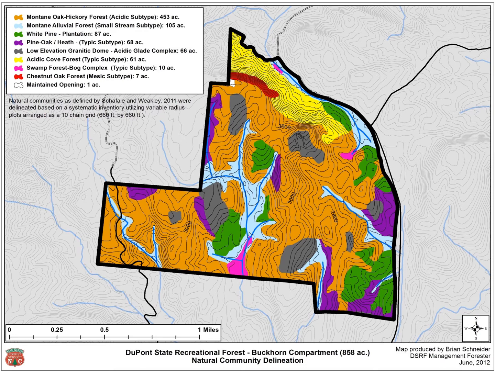By contrast, the yellow area, in the northern portion of the map there, represents an acidic cove forest community dominated by yellow poplar in a sheltered, north-facing, moisture and nutrient-rich landscape position. The goal of forest classification at the site scale, utilizing natural community descriptions, is to recognize the ecological components and processes of an area so that we can manage them appropriately.